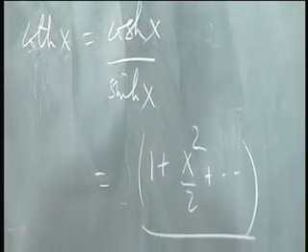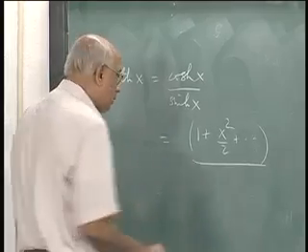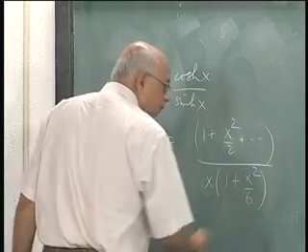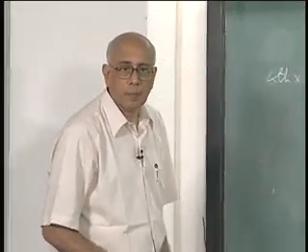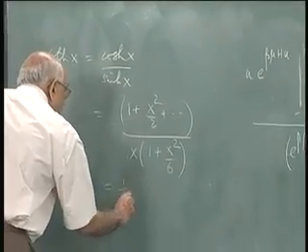And what does sinh x do? x plus x cubed over 3 factorial and so on. So there is an x which I take out and this becomes 1 plus x squared over 6 plus higher terms.